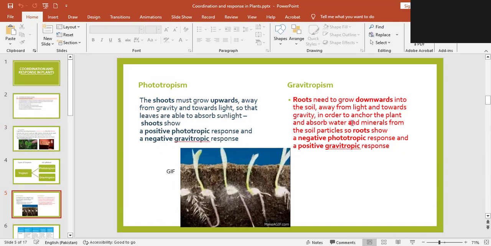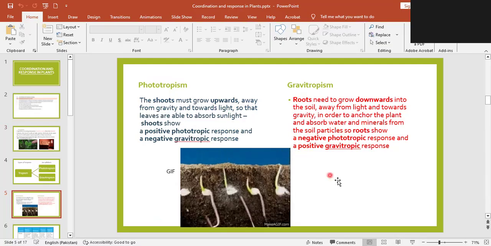Now, what is the function of the root? See, they help the plant to anchor, they help to absorb the water because they will follow the water. Just like the shoot was following the light, the root has to follow the water. That's why they are very sensitive to gravity, in order to anchor the plant and absorb water and minerals from the soil particles.